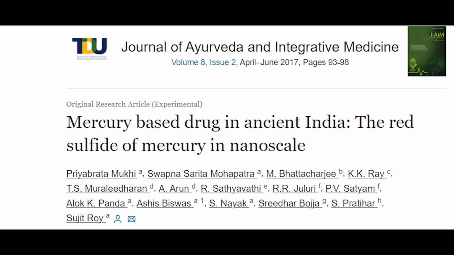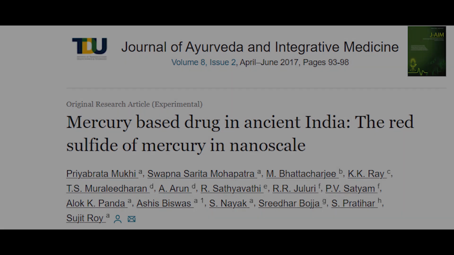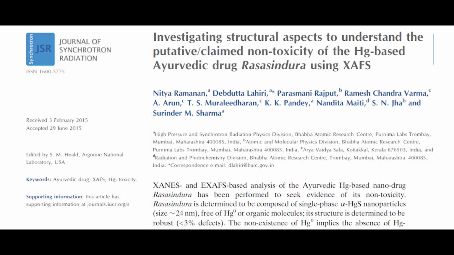Here I must take two papers. This one also. Just see. "Investigating structural aspect to understand the putative claimed non-toxicity of the Hg based Ayurvedic drug Rasa-Sindoor under XAFS" by the Bhabha Atomic Research Centre, Trombay.